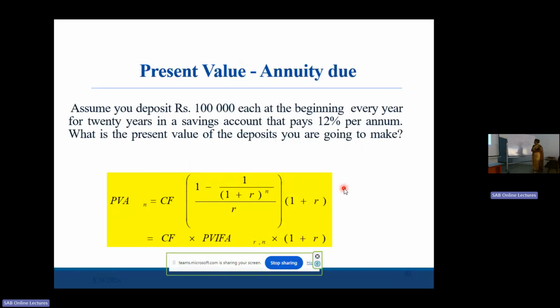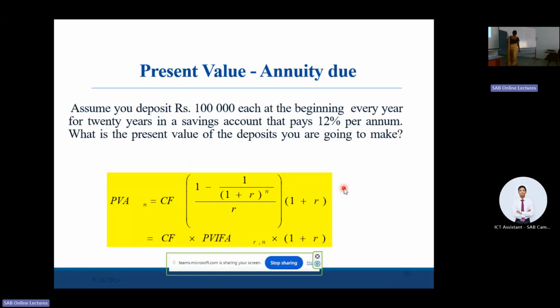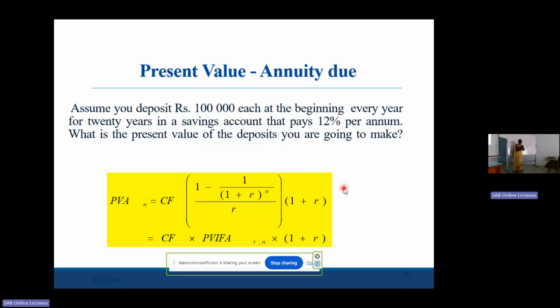So then you apply the formula and see whether you are getting the same answer. Now you can apply the formula. Present value of annuity is equal to cash flow 1000 into 1 minus 1.1 to the power minus 3 divided by r. So this is the ordinary case.